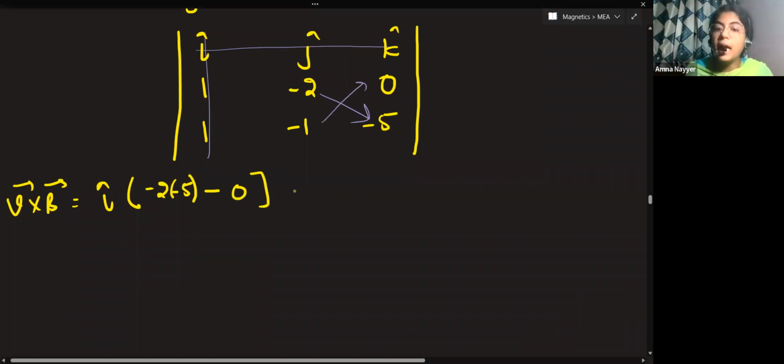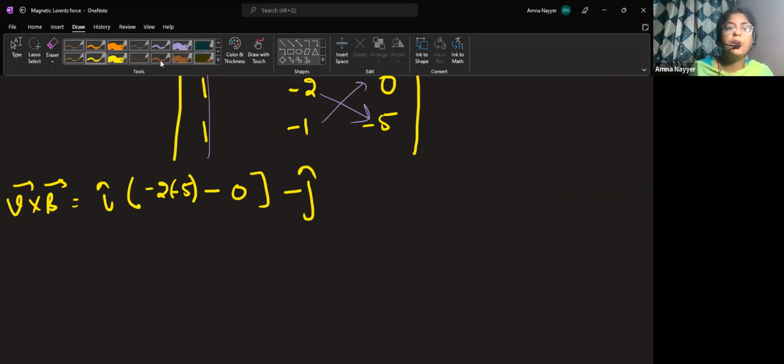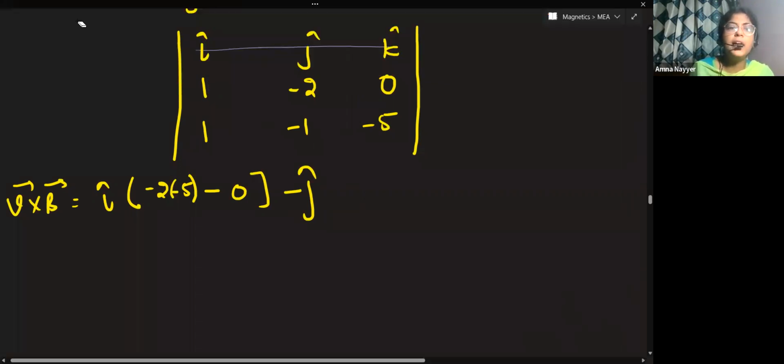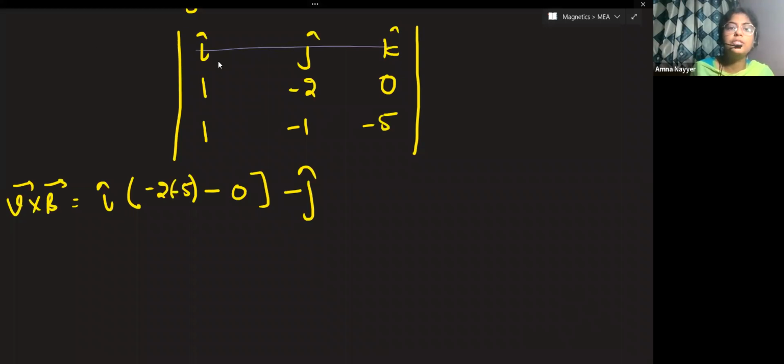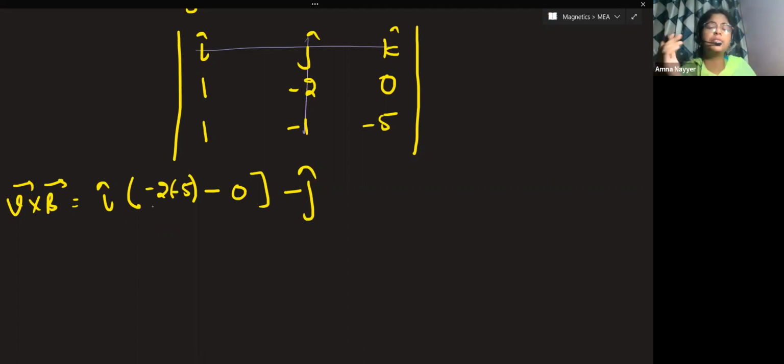For J cap, we already put a negative sign when we use it. So for J cap, what will it be? You have to cut the row of J cap. Cut that row means ignore the row; you don't have to use the numbers there.